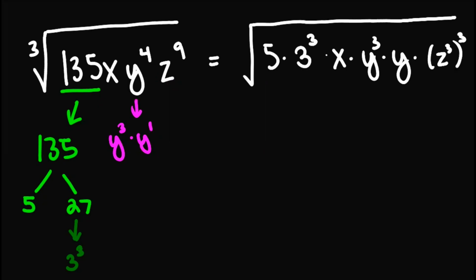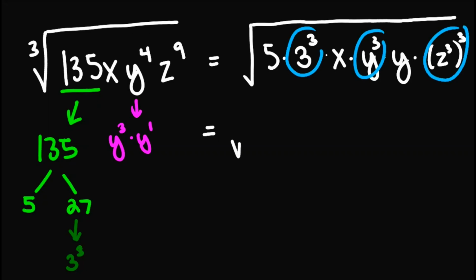Now we apply again the second law of radical. What we do is we extract the factors that are perfect cubes. In this case, the 3 cubed, the y cubed, and the z cubed raised to 3.